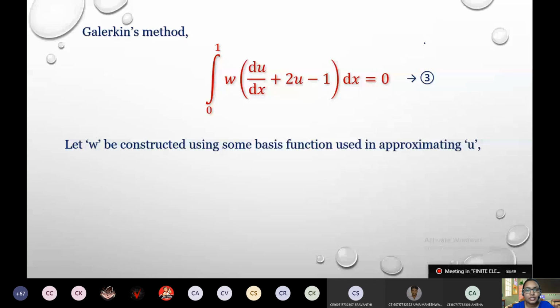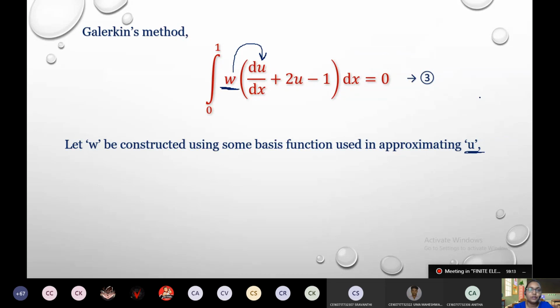Now I have said that the weighting function is constructed exactly how u was constructed, or the u bar in the methodology. So here w is constructed using the same basis function in approximating u. Alright.